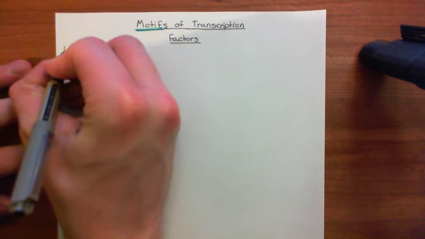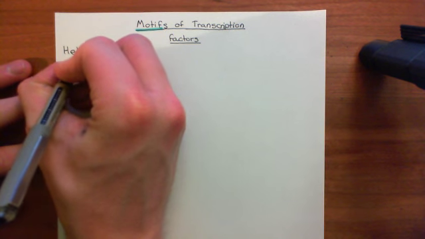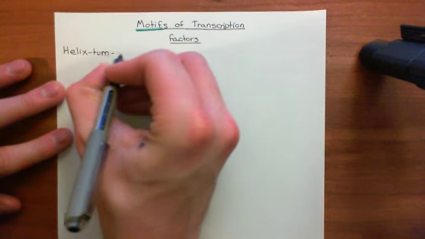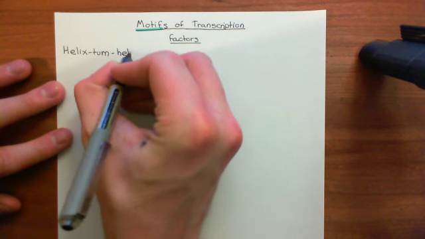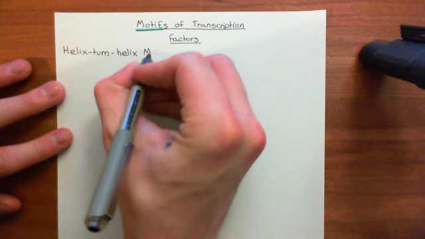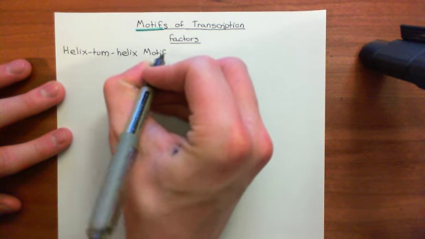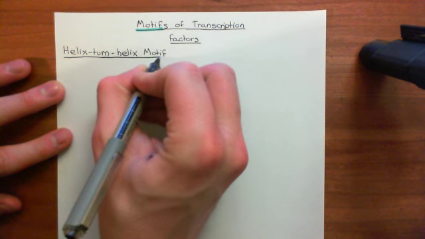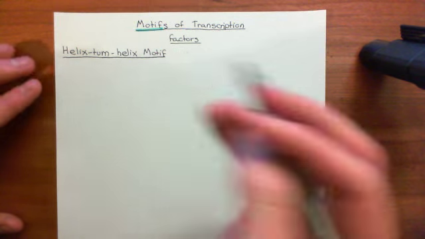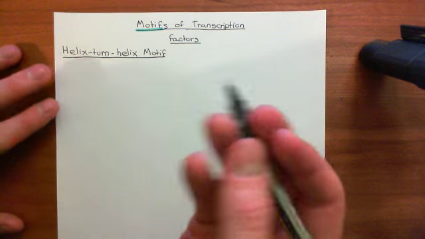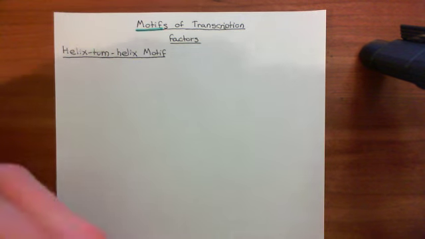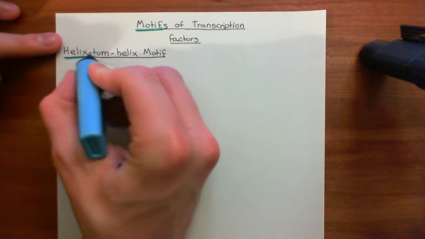The first motif that we're going to talk about, which is capable of binding to DNA and which is found in a great many different transcription factors, is what's known as the Helix-Turn-Helix motif. Basically this motif, or this domain, another word for motif is domain, consists of two alpha helices with a turn in between them.